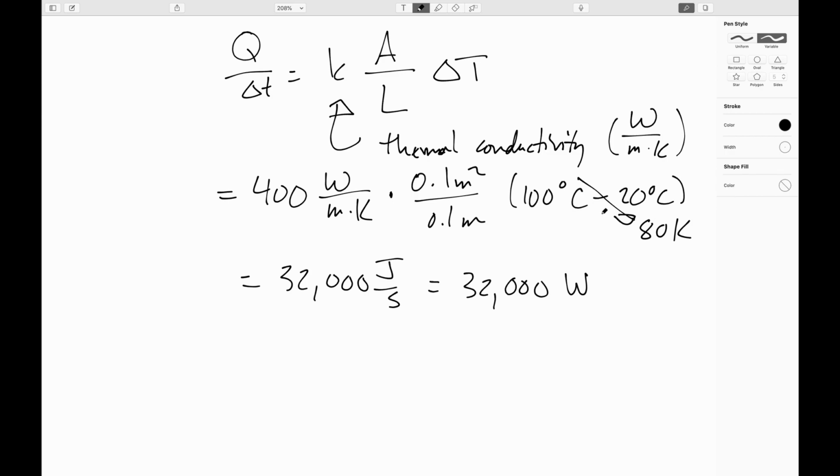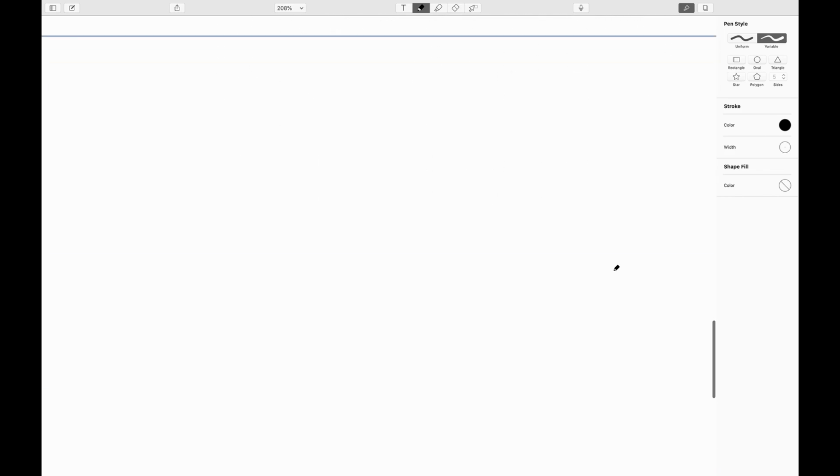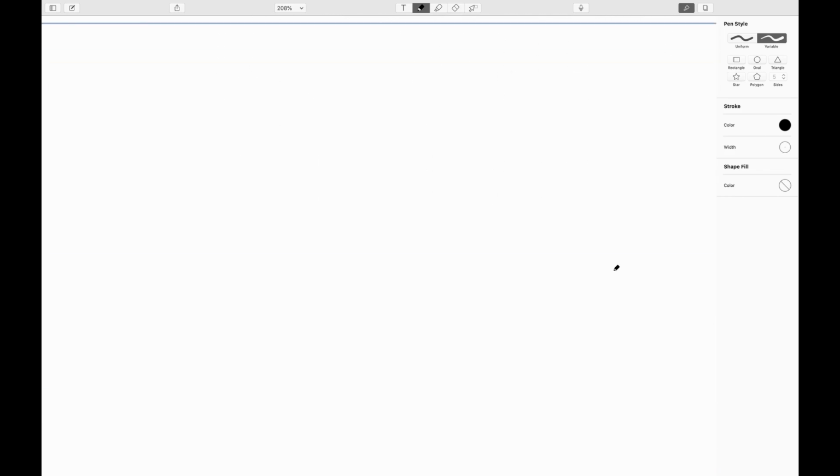Okay. Like I said, we're not going to talk about trying to model convection computationally, because you mostly just have to model the specific situation in a computer. But it turns out that we can model the radiation pretty well.